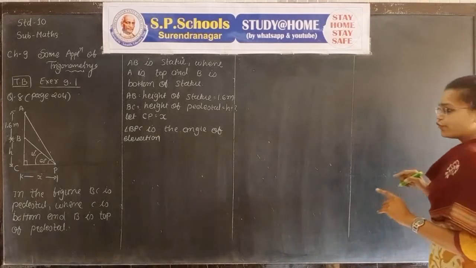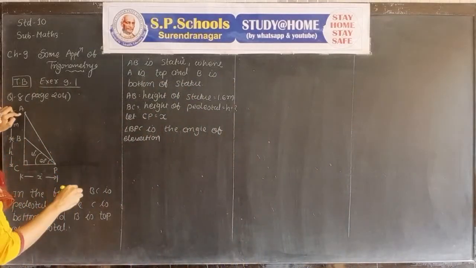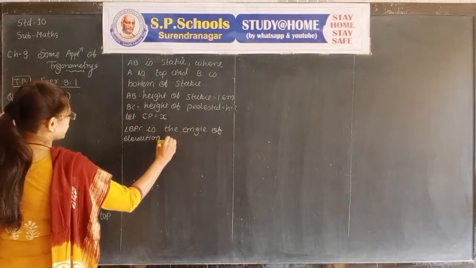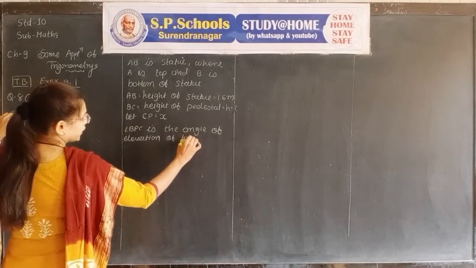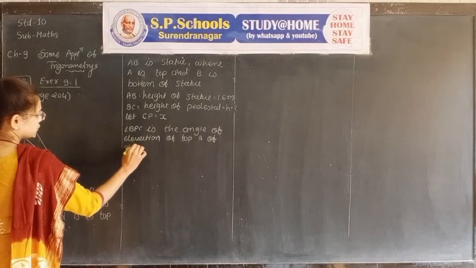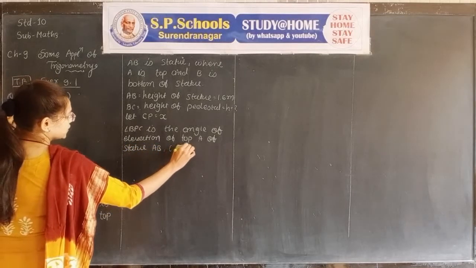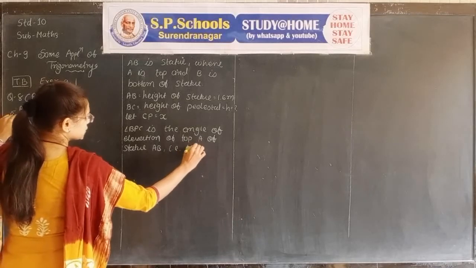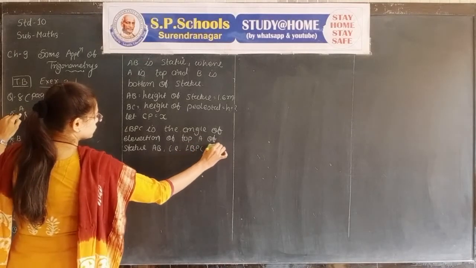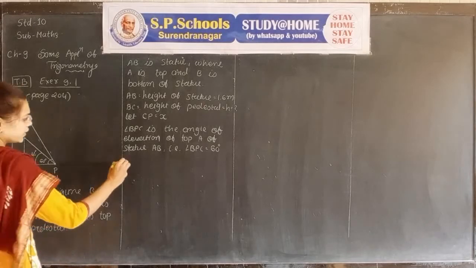For the top of the statue, the angle of elevation of the top A of statue AB. That is, angle APC is equal to 60 degrees. In the same way, angle 45 is given.